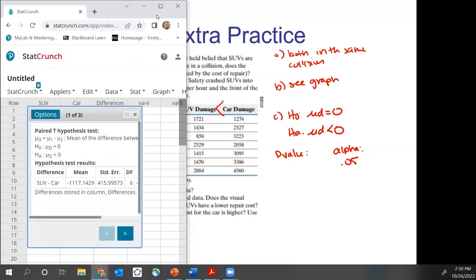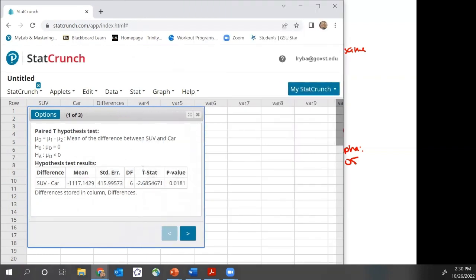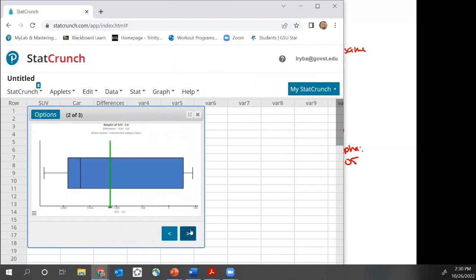I'm going to need to make this a lot larger than it is so that you can see what we need here. So first thing that's going to be here is the box plot. And the box plot was asking, is the SUV greater than the car? Does it look like overall we kind of have SUV is less than the car, which would mean that we end up with a negative result?